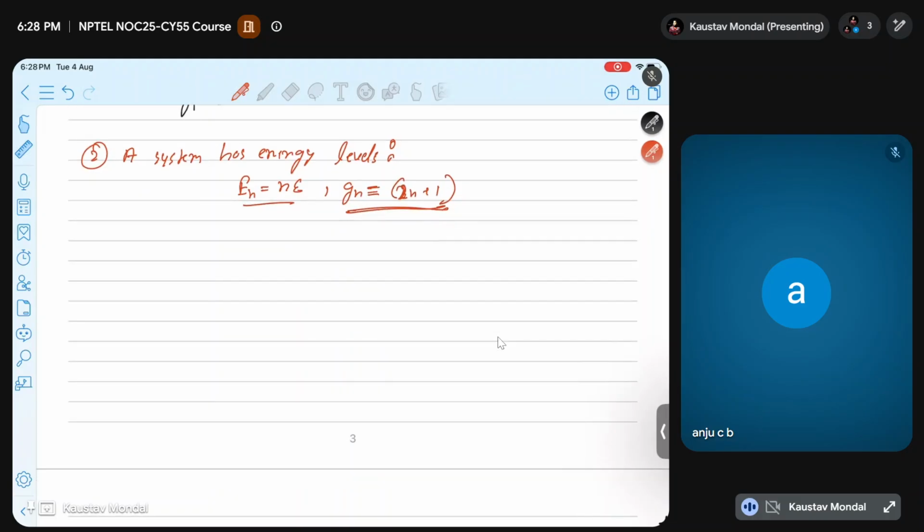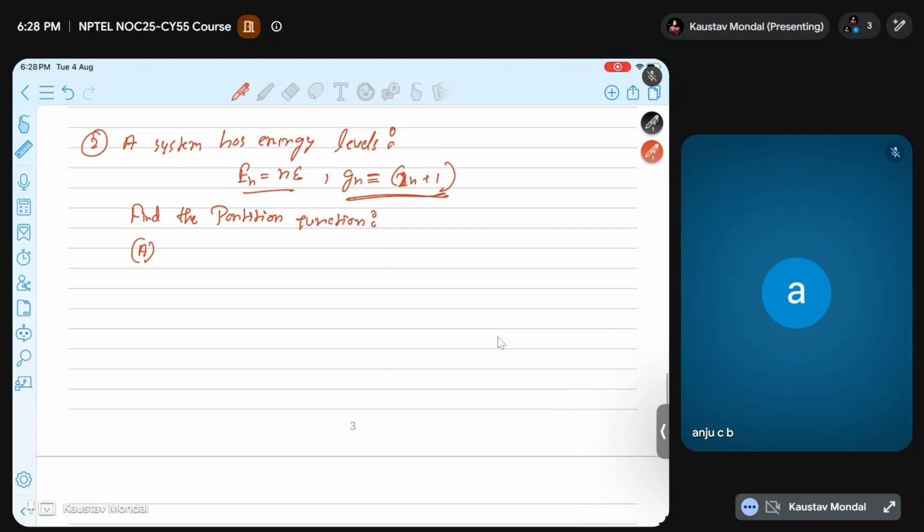So the question is: find the partition function. Option A is 1 by 1 minus x, option B is 1 plus x divided by 1 minus x whole square, option C is 1 by 1 minus x whole square, and option D is 1 by 1 minus x whole cube.